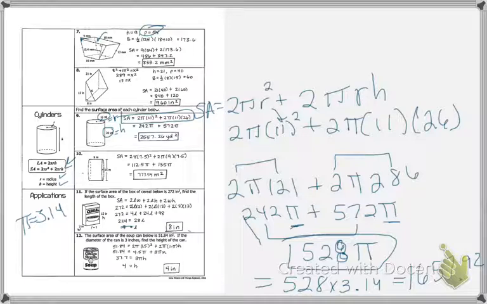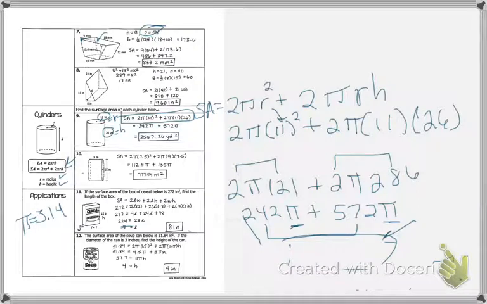Pause. Did you notice my mistake? Let's backtrack. I added wrong right there, and it shouldn't be 528. 572 plus 242 is actually 814. That's all I did. 814 pi.